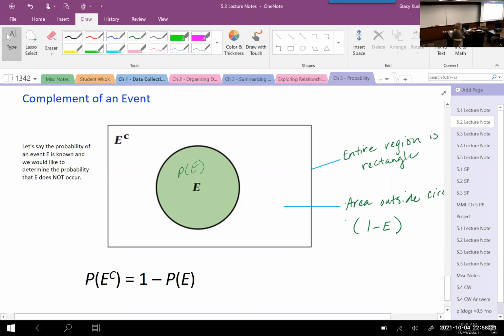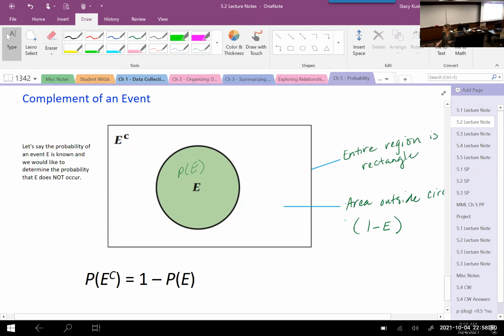Okay, so if E is the event, if the green circle is the event, then the remaining white square, the area of that white square in essence, is what's left over if you were to cut out the green circle, correct? Okay, so that's the idea behind a complement, because the complement, the white square plus the green circle, has to add up to be what?